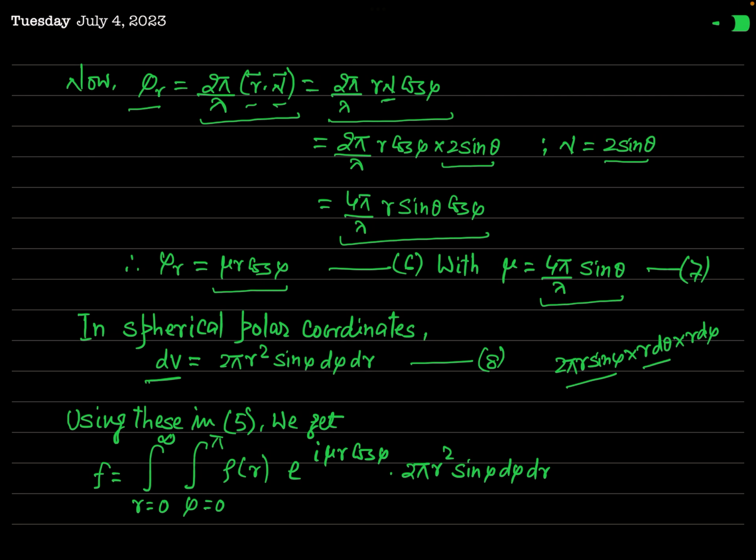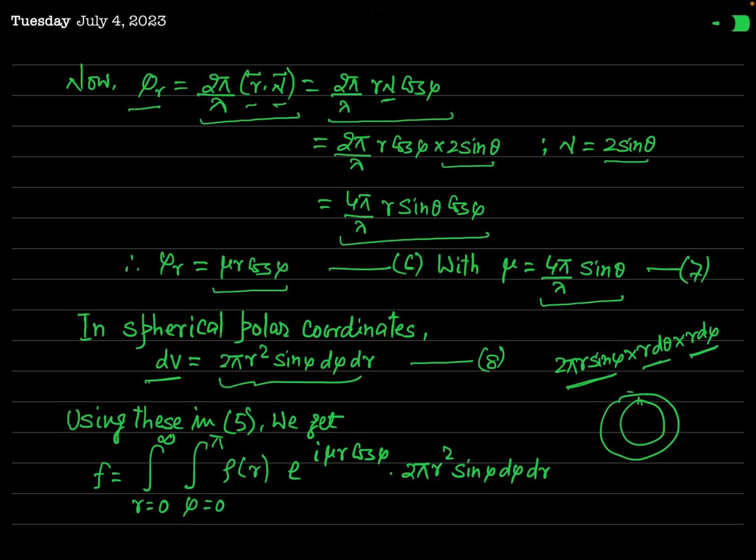So you can imagine a spherical shell whose thickness is r d theta, width is r d phi, and length is 2 pi r sine phi. The product of 2 pi r sine phi times r d theta times r d phi is 2 pi r square sine phi d phi dr. This is the volume element dV in spherical polar coordinates.